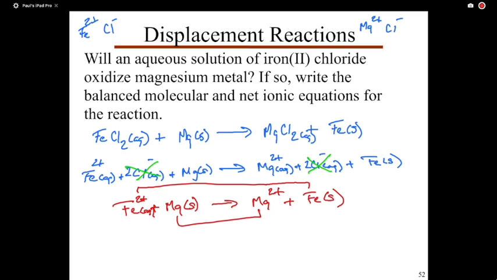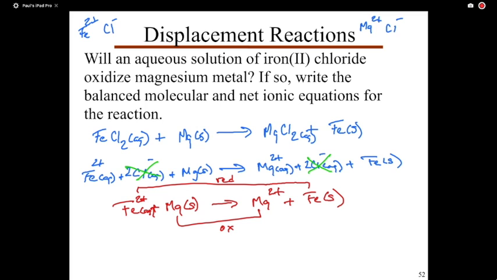Is iron oxidized or reduced? It is reduced because it has to gain electrons. Is magnesium oxidized or reduced? Well, that's good. If one has to be oxidized, the other has to be reduced. It is oxidized because it loses 2 electrons, becomes more positive.